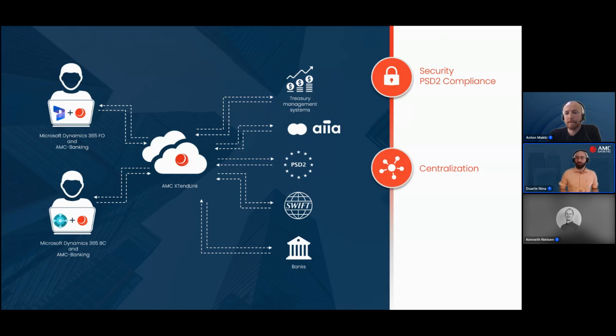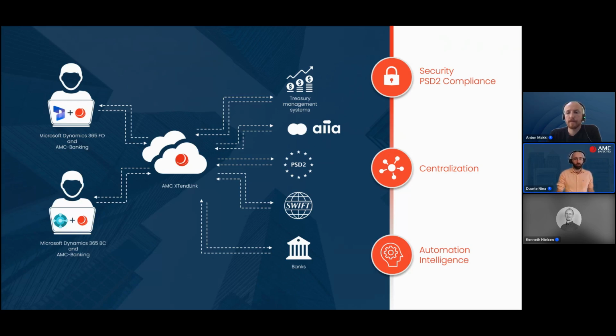Since it's centralized, you don't have to worry about any particular bank or any particular system because everything goes through Extend Link, so you only need to talk to Extend Link. And finally, we add a lot of features that help you in your day-to-day life, including automation in the journals and in the payments, and other nice features to have to speed up your life.